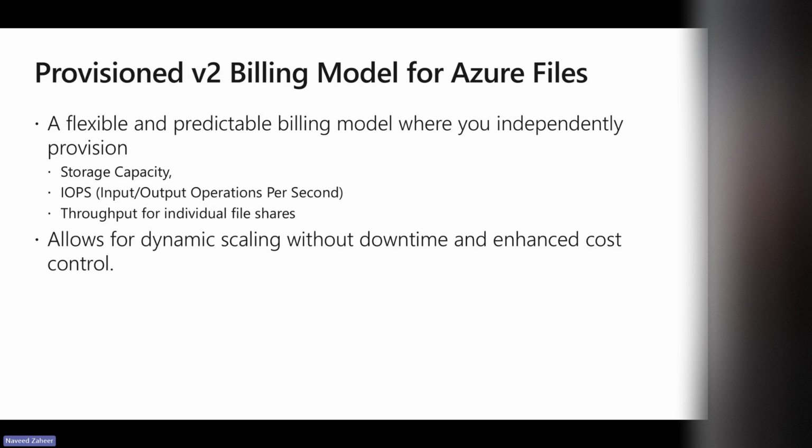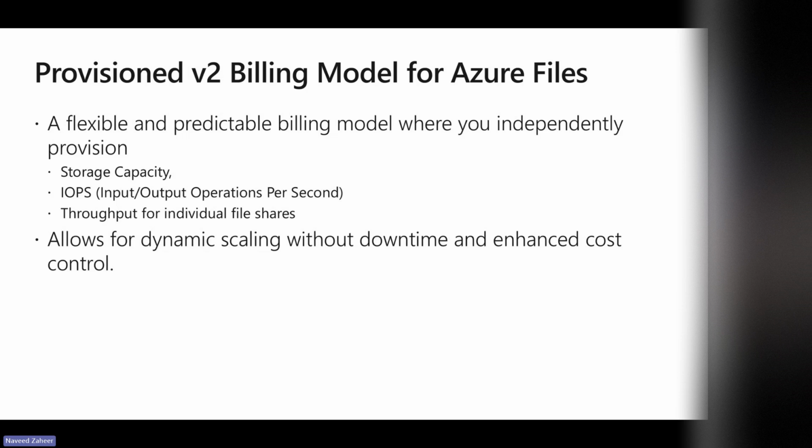So first of all, the provisioned V2 billing model for Azure Files basically allows you to set three things: capacity, IOPS, and your throughput. You can set it at a file share level, because if you remember, before, file shares were created out of a storage account.